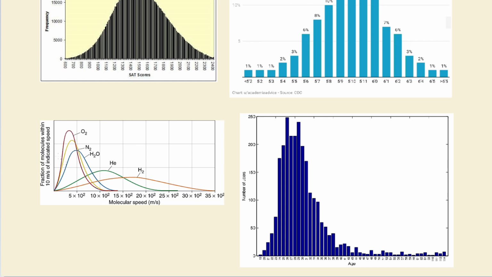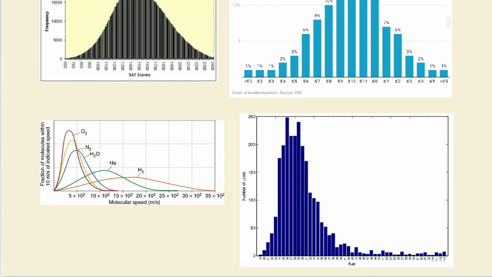But all of these tend to exhibit the same shape as the SAT scores, as the body heights reported by US Mint. And right here, this data seems to be skewed to the right. It seems like the vast majority of the data here is clustered around the lower end. What this is actually a graph of is the number of people, I guess, that report experiencing symptoms of depression versus their age.